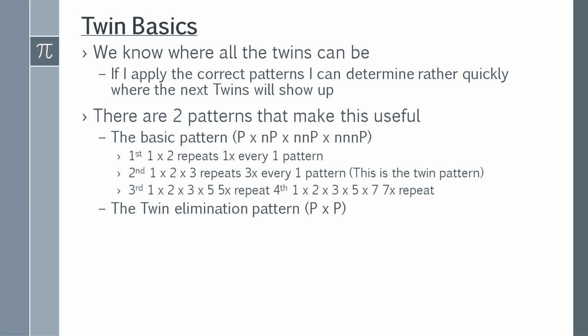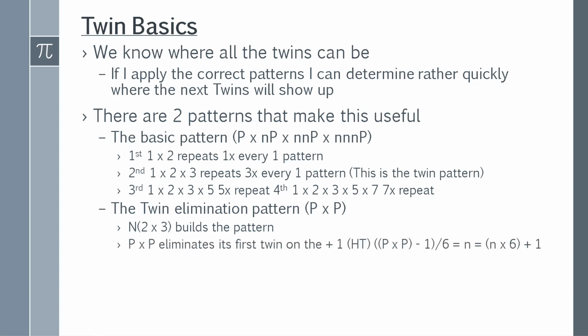And 1 times 2 times 3 times 5 times 7: the third pattern repeats 7 times in this pattern. It gets you to 210. The twin pattern is in. You take any number, and 2 times 3 builds the pattern.